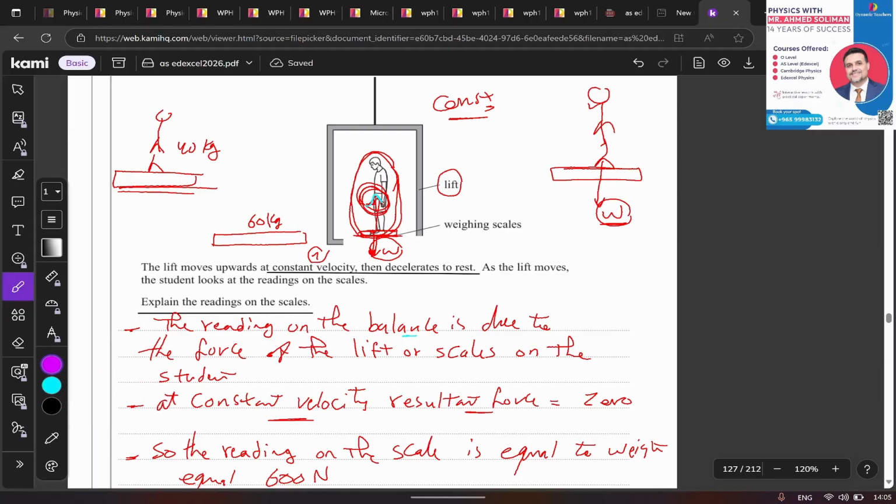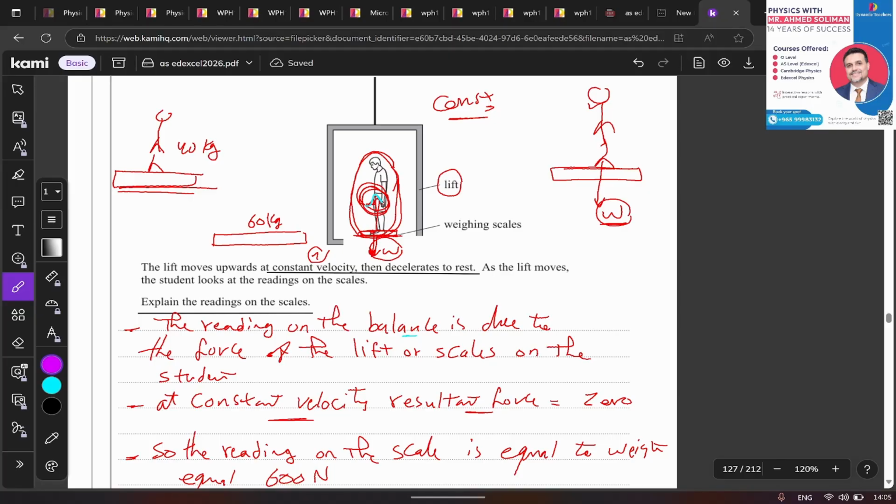I'm just confused. Confused between what and what? Shouldn't the lift exert a force on the weighing scale, not the person? The lift will exert a force on the weighing scale, and the scale will exert a force on the person, because the person is standing on it.